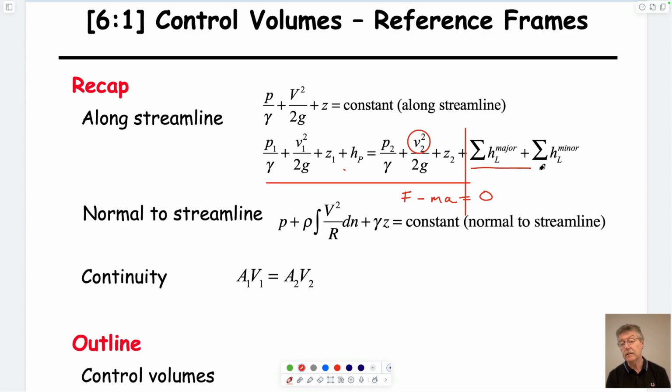We have not talked about losses. Our system is a perfect system, so it is irrotational, it's inviscid, it has no viscosity. Irrotational means there are no vortices falling off the back of the wing. It is also incompressible and steady state.